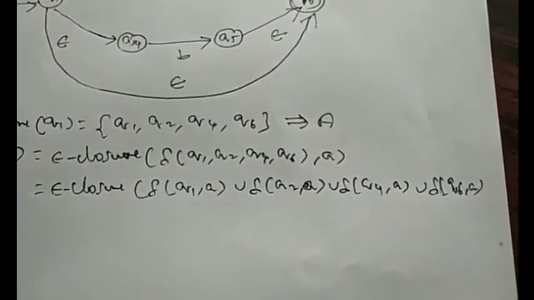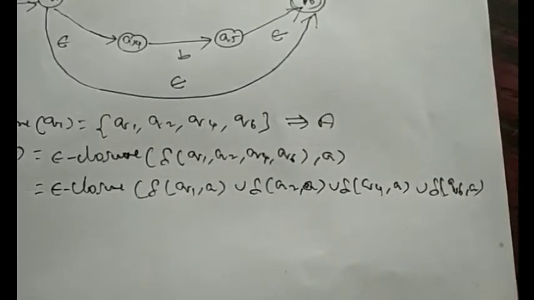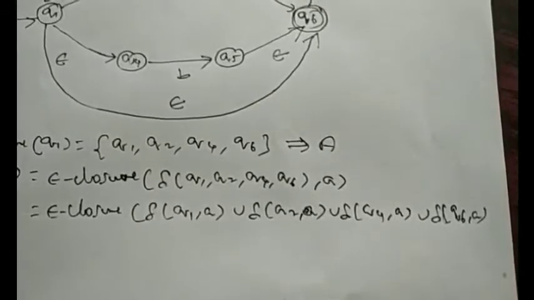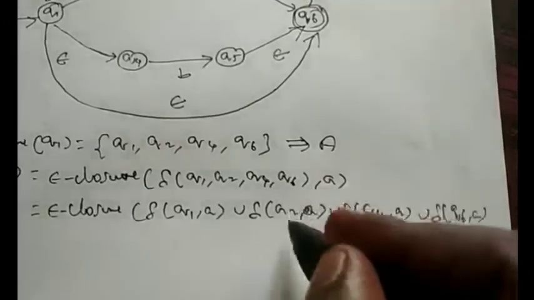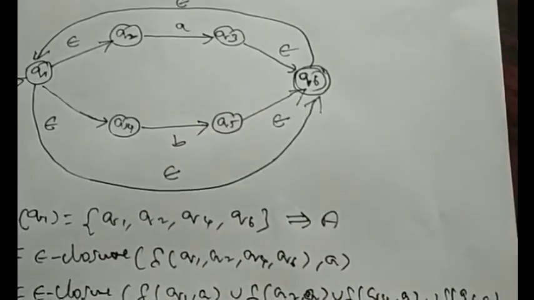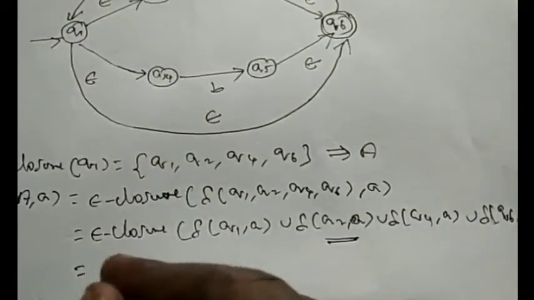Now the problem is that a can be applied only in Q2. Q1 you cannot apply a, Q4 you cannot apply a, and similarly Q6 also you cannot apply a. So the only possibility is Q2 here. When a is applied in Q2, it goes to the state Q3. The rest of the things are phi.